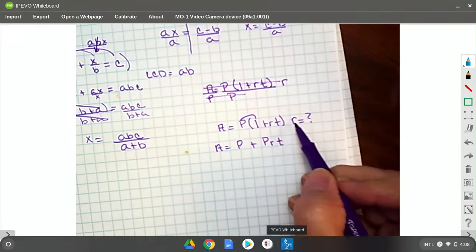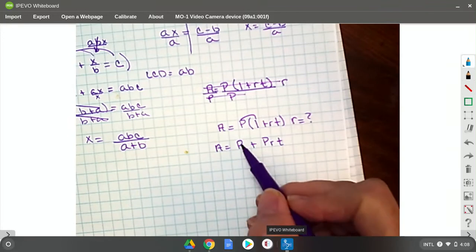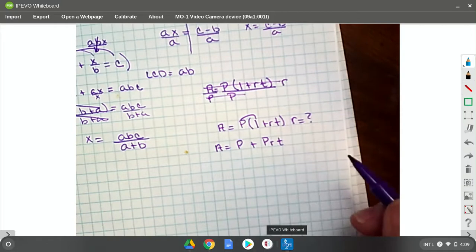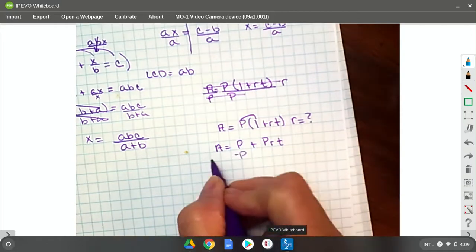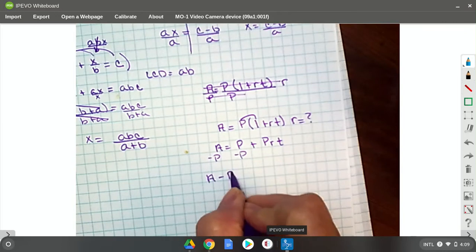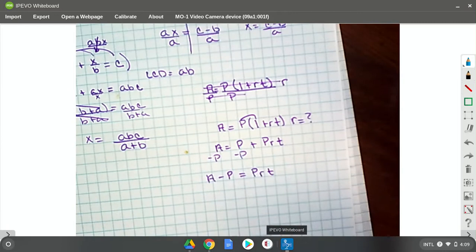Remember, I want the R by itself, and the R is in this term. So that makes this the constant and the PT the coefficient. So we're going to subtract that P from both sides. And I have A minus P is equal to PRT.